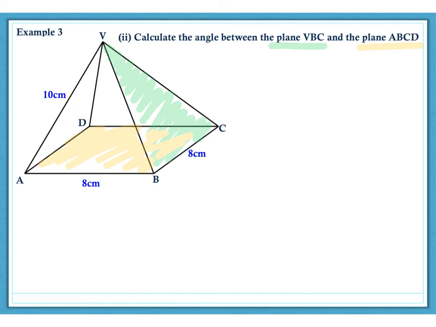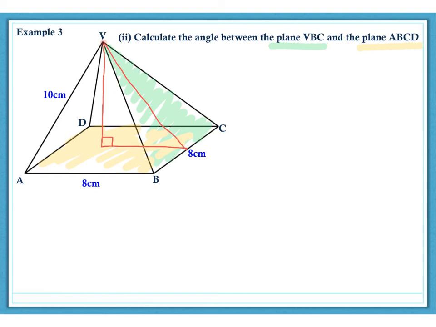The angle between them, remember what I keep saying, start at the highest point, like so, drop right the way down, and then let's go across like that. There's the right angle triangle. There's the right angle that we want.